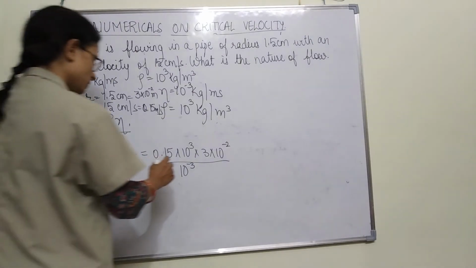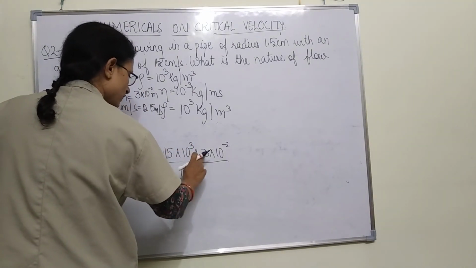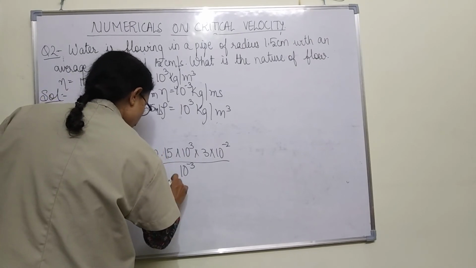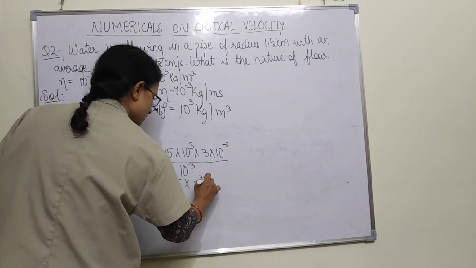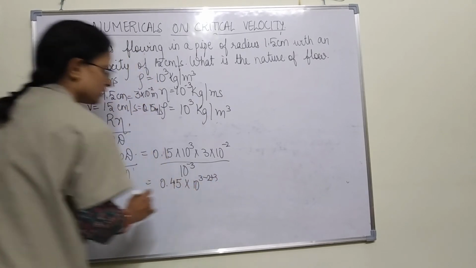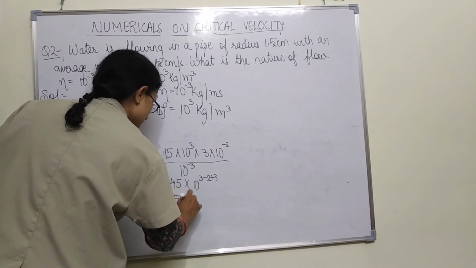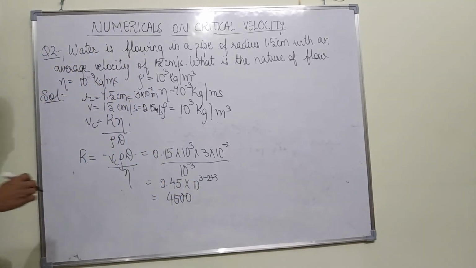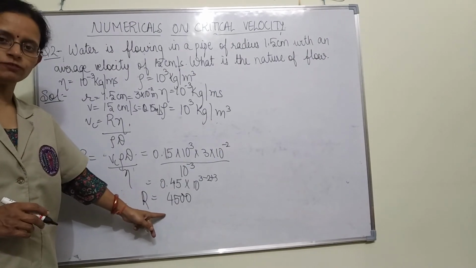When this goes up, 0.15 into 3 gives us 0.45, and 10 raised to power 3 minus 2 plus 3, so 6 minus 2, gives us 4. So the result will be 4500. So the value of R we get is 4500.